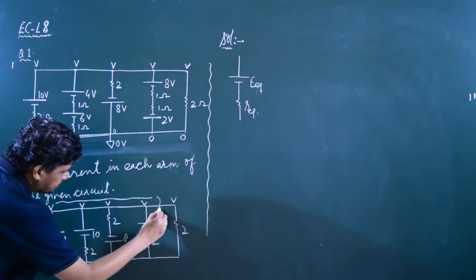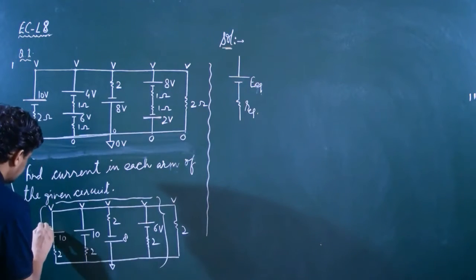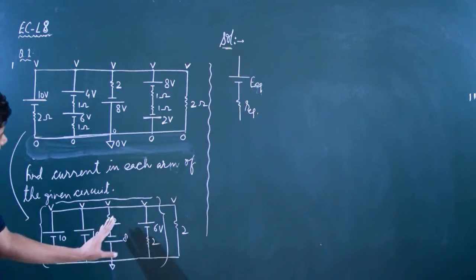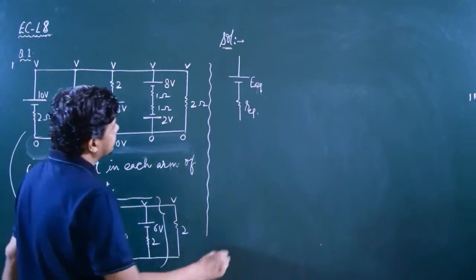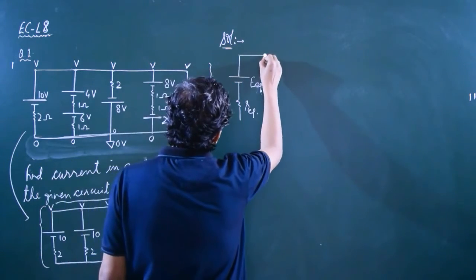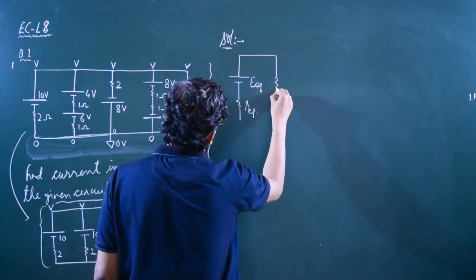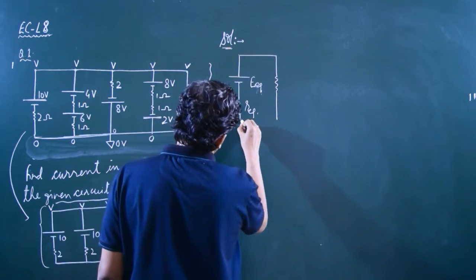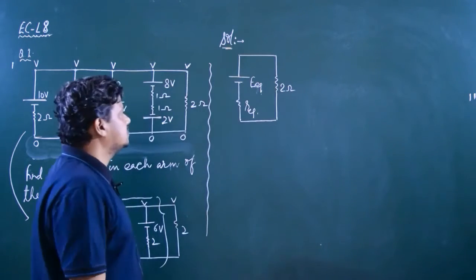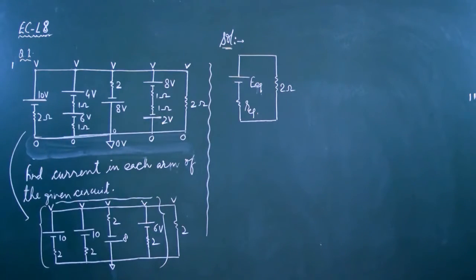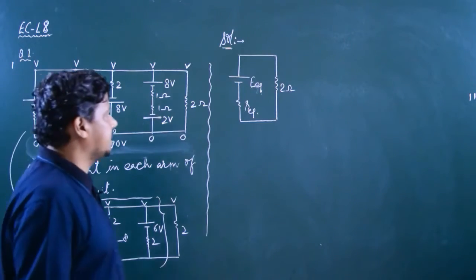So see this part, these are cells connected in parallel. Series वाले को हमने पहले ही solve कर लिया है. And the external resistance we have is 2 ohm. Now we may find easily the value of E equivalent and R equivalent.